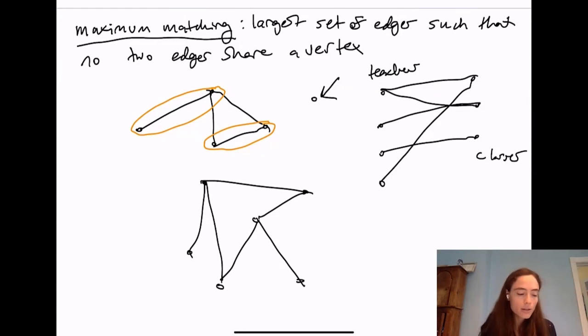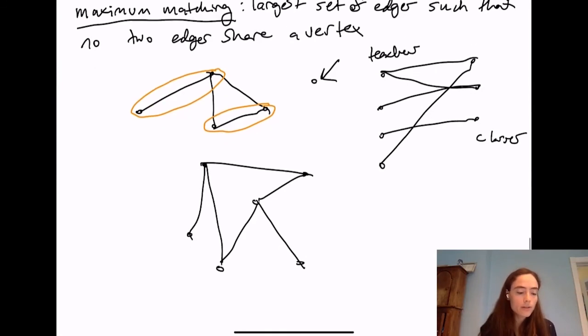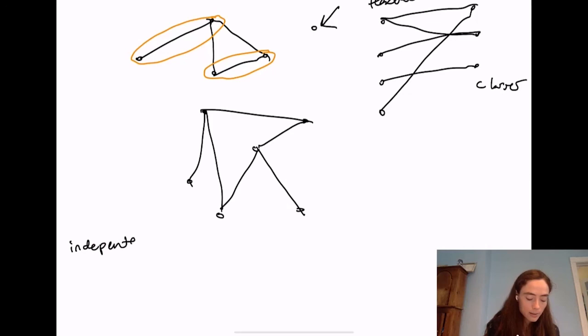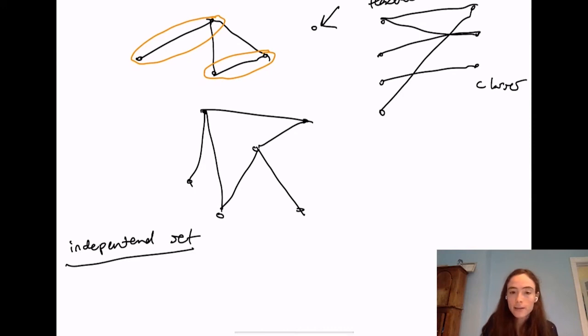So another question that comes up pretty often is the question of the maximum independent set. So an independent set in a graph is a set of vertices, so rather than a set of edges, it's a set of vertices such that no two vertices share an edge.